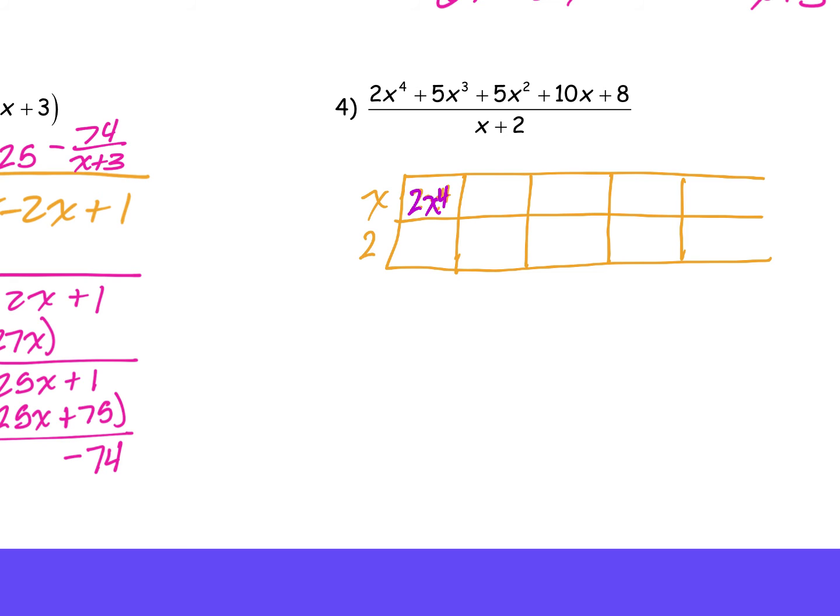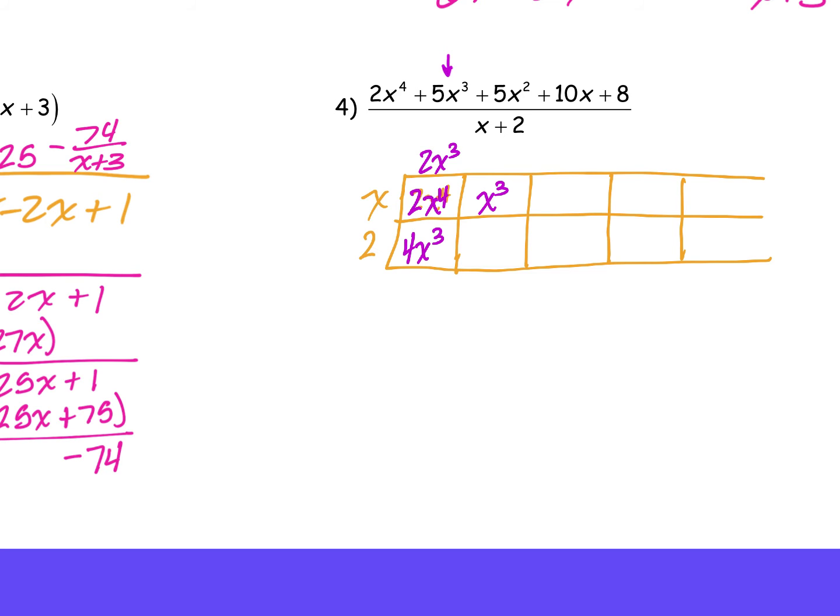What do I multiply x by to get 2x to the 4th? 2x cubed. And 2x cubed times 2 is 4x cubed. What do I add to 4x cubed to get 5x cubed? x cubed.